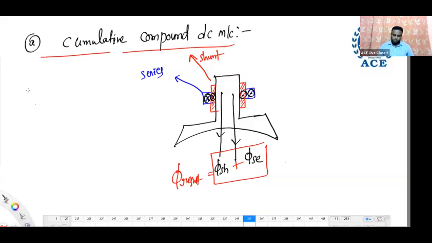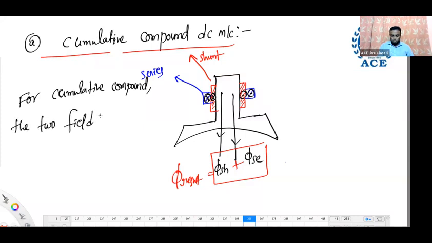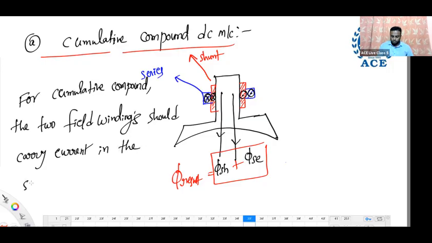Okay, write the statement. For cumulative compound, the two field windings should carry current in the same direction.